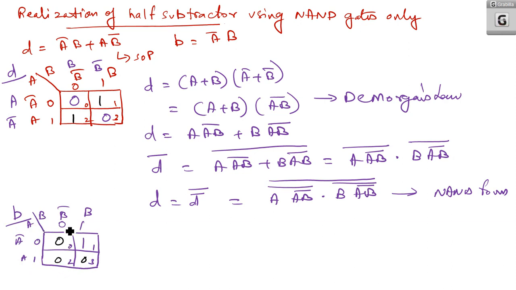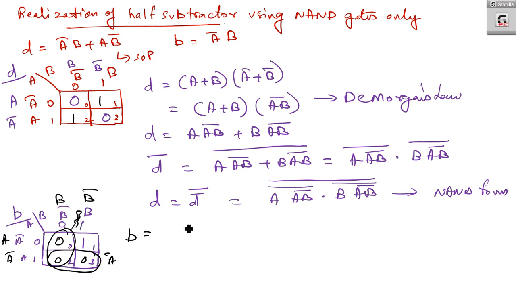Now to get the POS form, this is A, this is A bar, B, B bar. So borrow in POS form, you can write it as, here B is common, and in these two terms, what is common? A bar is common. So this is B and this is A bar.